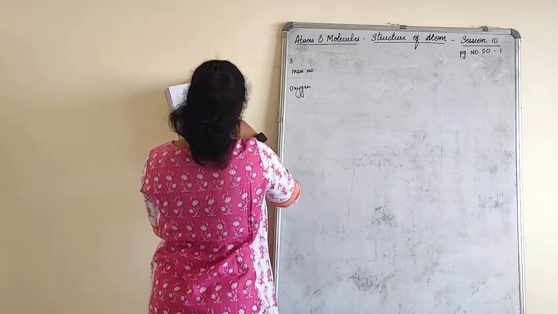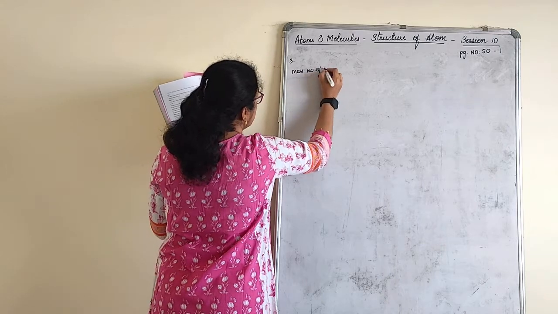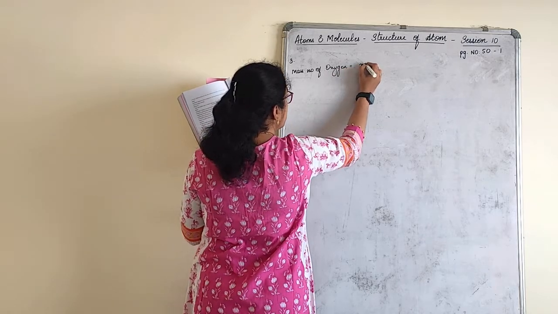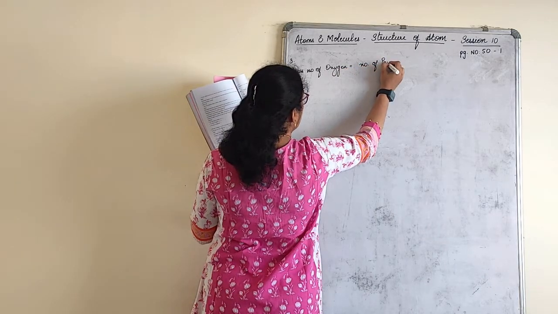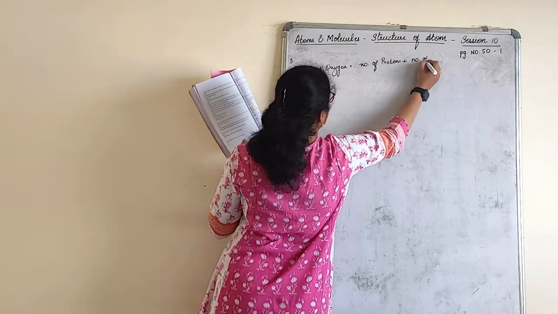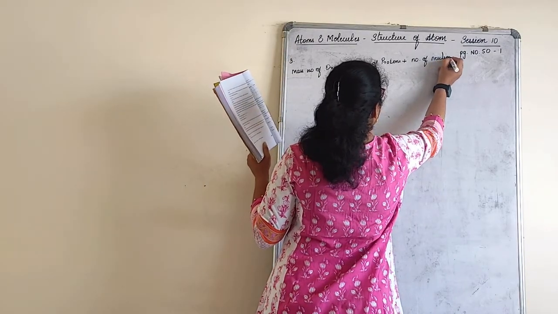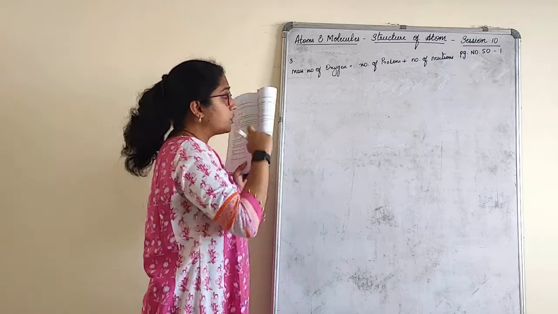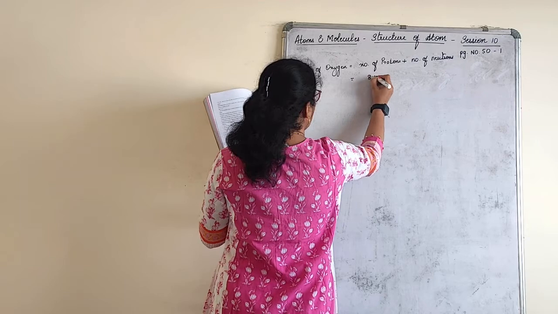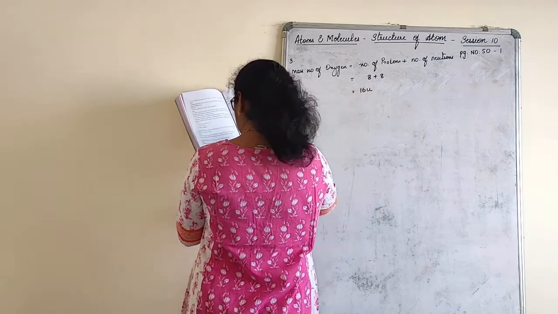Mass number of oxygen is equal to number of protons plus number of neutrons. Now where do you get this number of protons and neutrons? You get that from the table, which is given nothing as protons are 8, neutrons are also 8. So mass is 16 units.